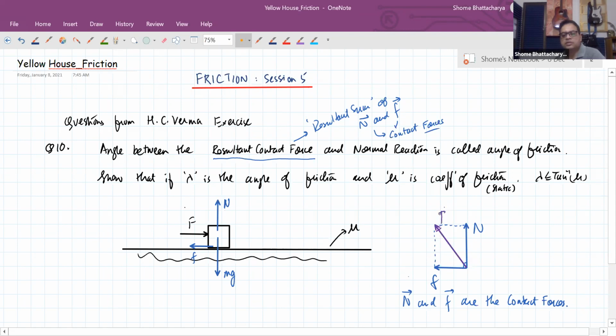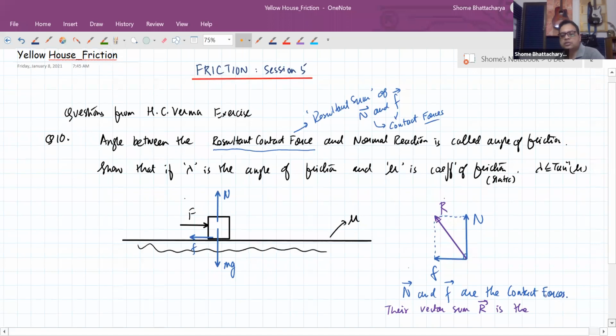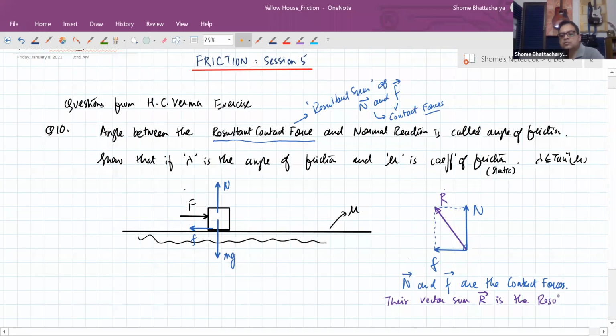Let's say we denote that with R. So their vector sum R is the resultant contact force, and this angle is the angle of friction.